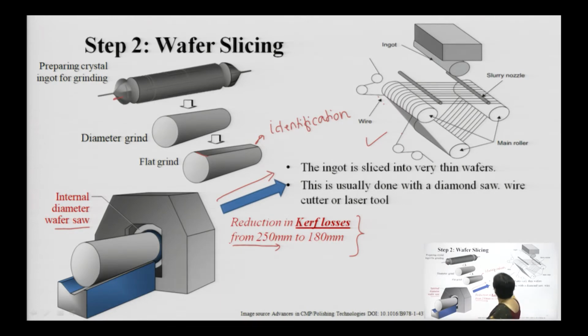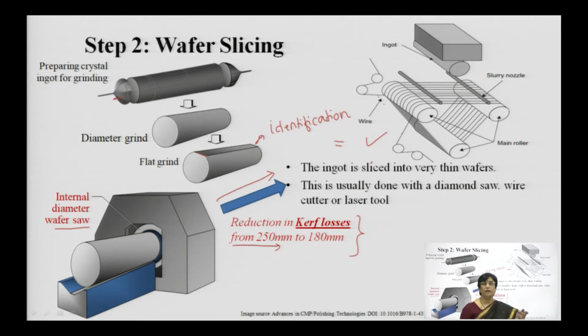And therefore, this is the latest technology where multiple wires, or wire cutting tools, are used, and because of that you have a lot of advantages. There is a lot of significance to this method, and the significance lies in minimizing the kerf losses.